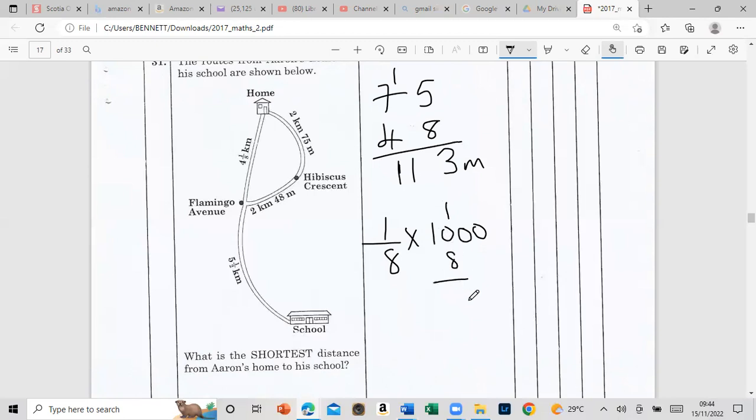So this has 2 carried down to 0. 8 into 20, that goes 2 times. So I already see this is the smaller route. Alright, this would be the smaller route.